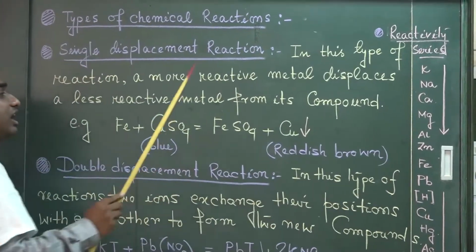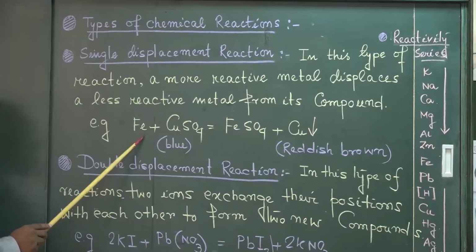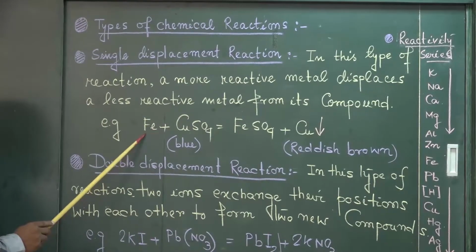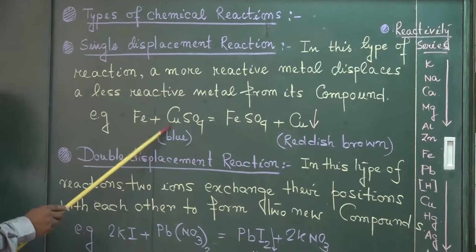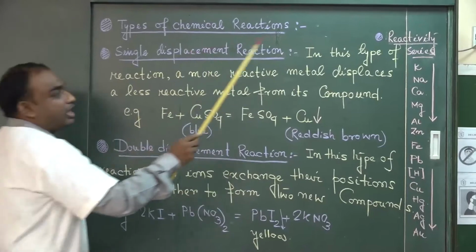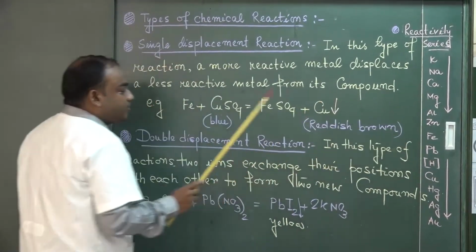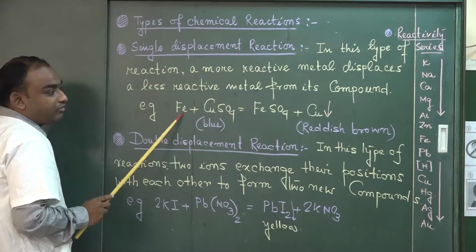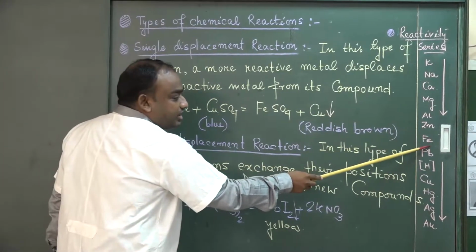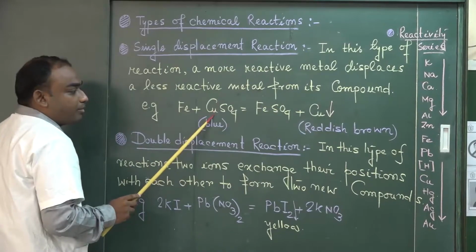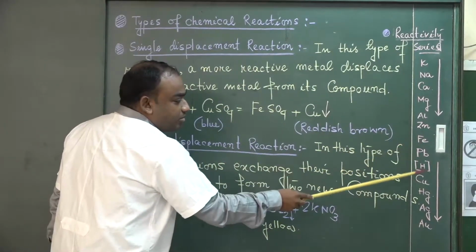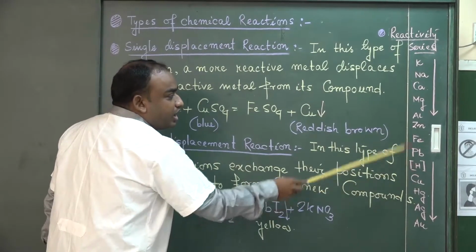Now, students, come to the original reaction. We can find iron and we can find copper. So, now we will move to the reactivity series. We will try to find the position of these two metals. So, we can find that iron is here and copper is placed much below iron.